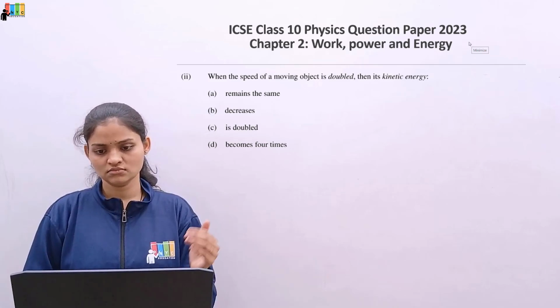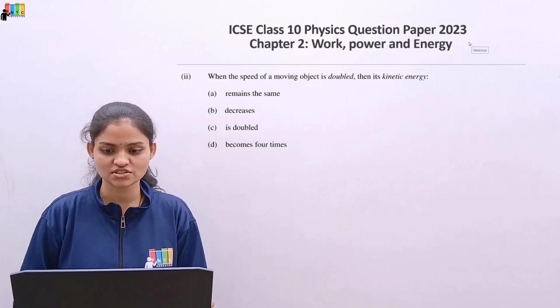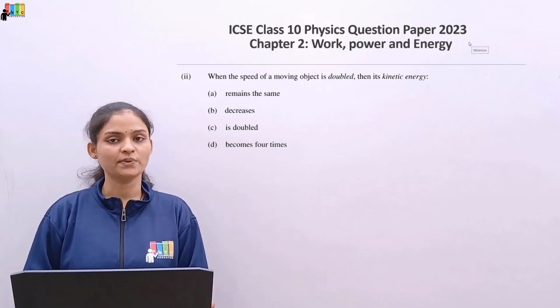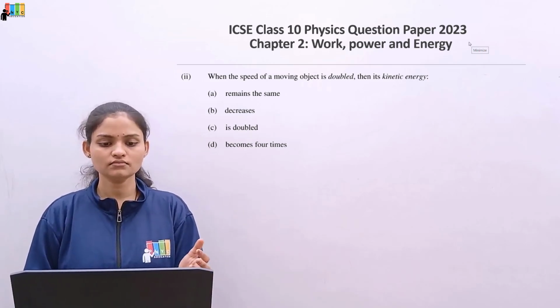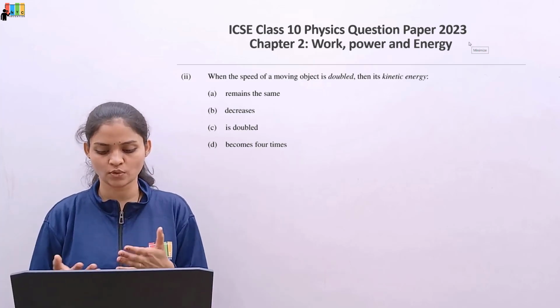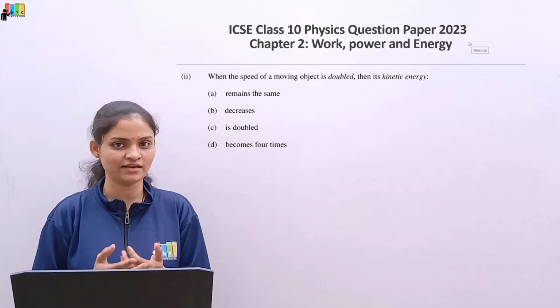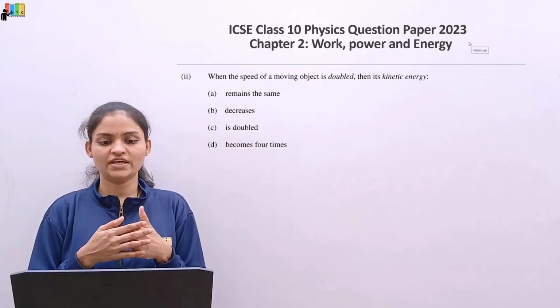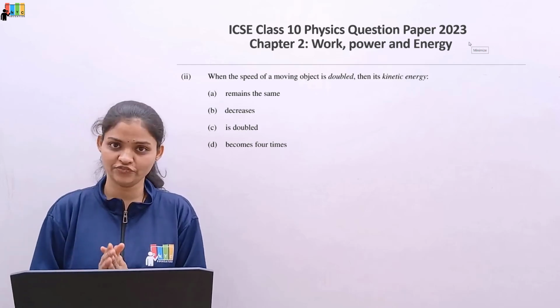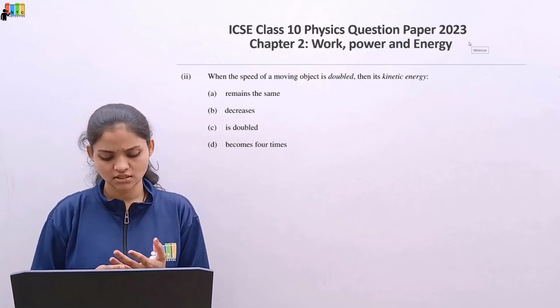So this is the third consecutive question on kinetic energy, so this topic is important. What is asked: if an object is moving, it possesses kinetic energy. When the speed is doubled, what will be the effect on kinetic energy?